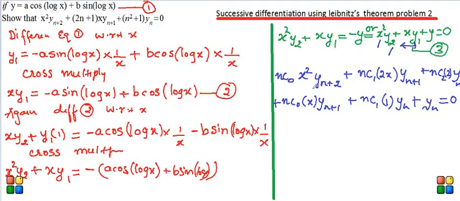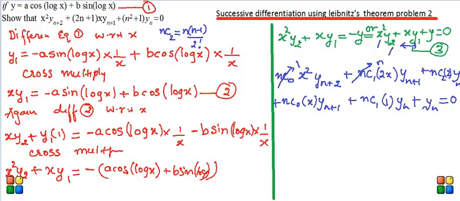So finally we should remember that nC0 is 1, so no need to write 1, and nC1 is nothing but n, and nC2 is n into n minus 1 by 2 factorial. So now let's rewrite this thing.